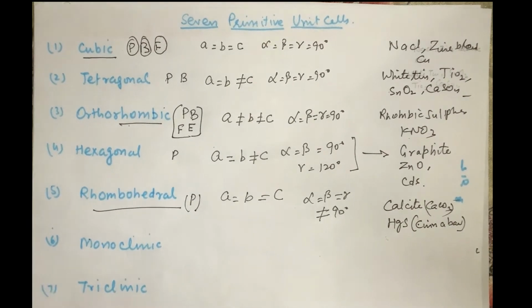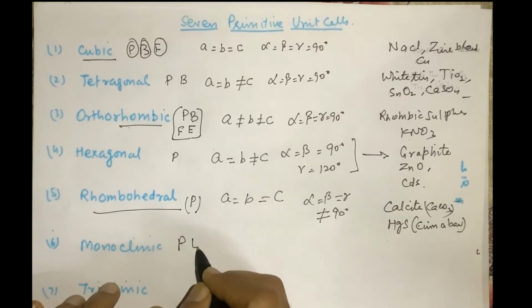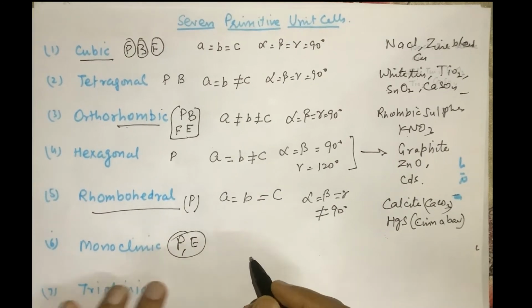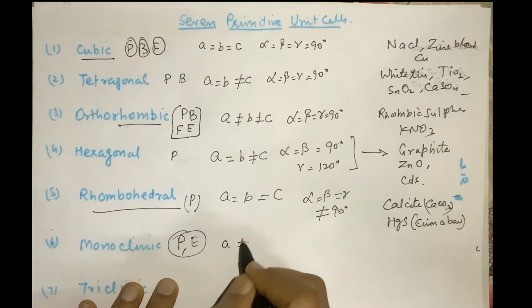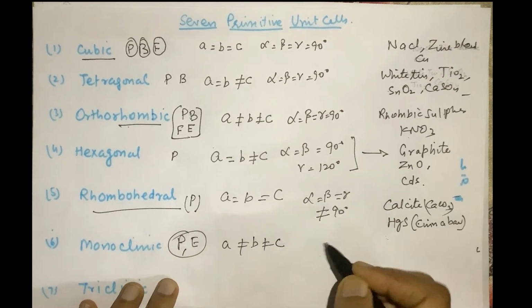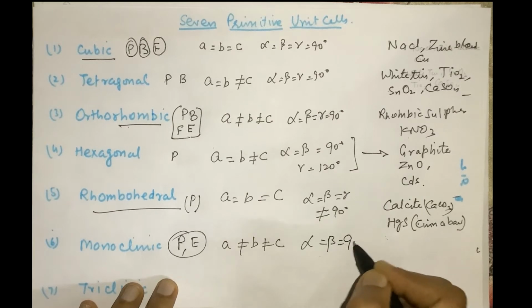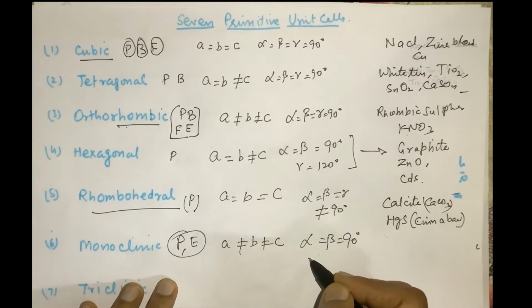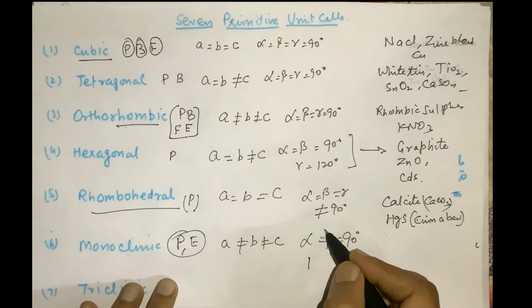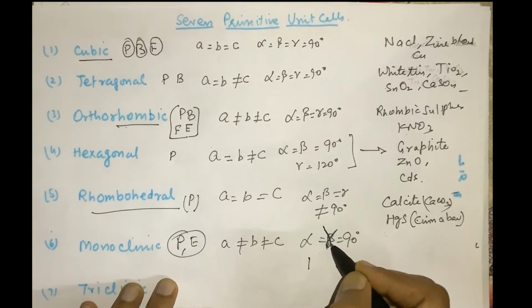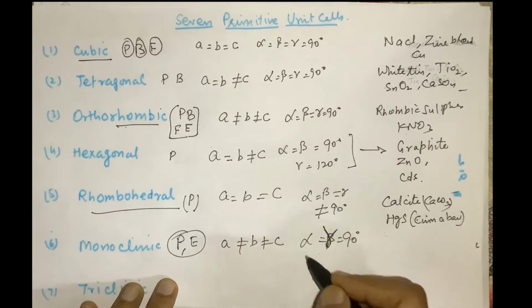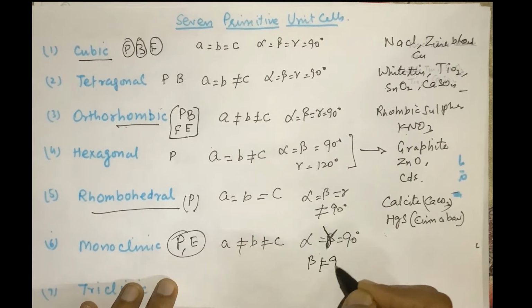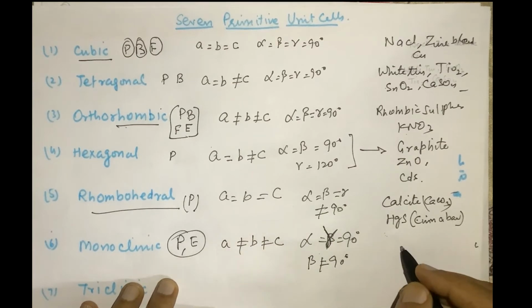And in monoclinic, this is possible in primitive and end centered, and A is not equal to B is not equal to C, all are different, and alpha is equal to gamma is equal to 90 degree, but beta is not equal to 90 degree.